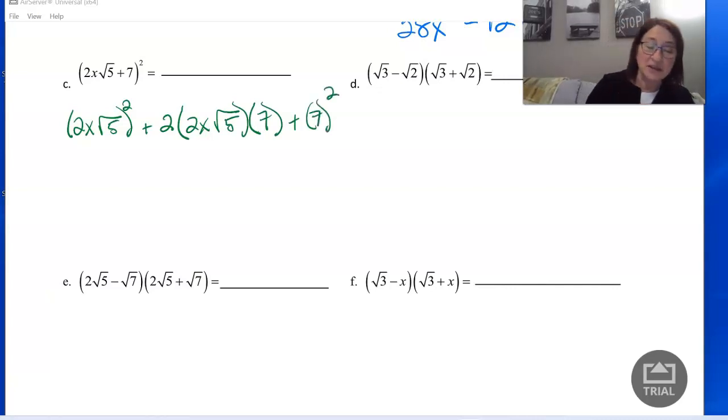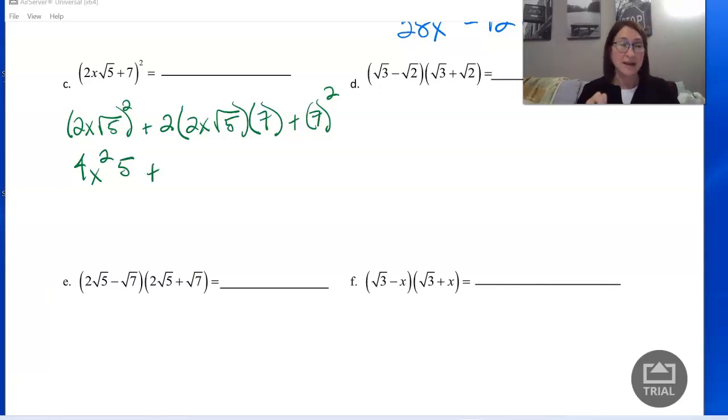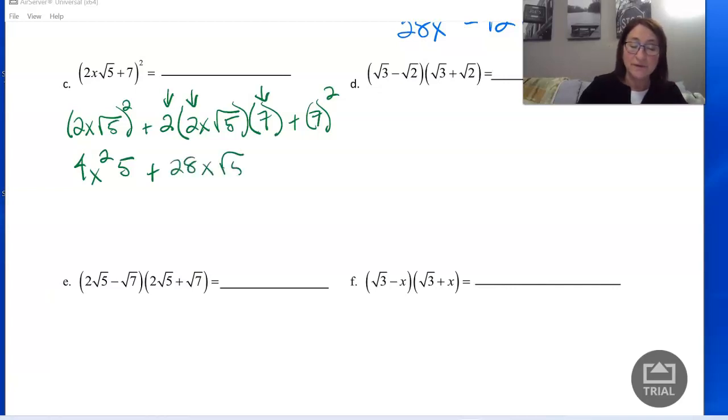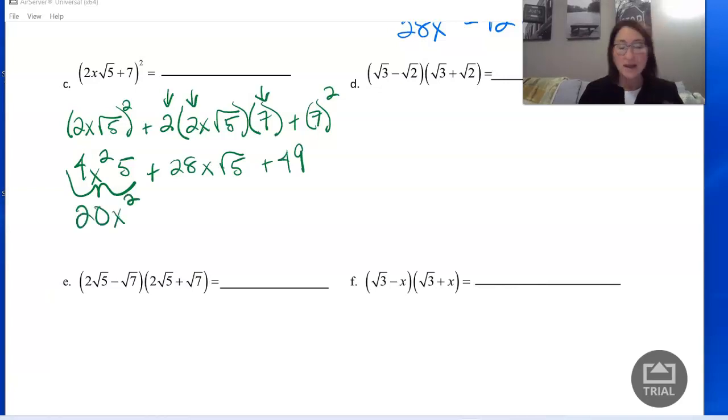So that is going to give me 4x squared times 5 plus 2 times 2 is 4, okay? So 2 times 2 times 7 is going to be 28x root 5 plus 49. The only thing I want to adjust here is this first term, which should be a 20x squared. Everything else stays the same.